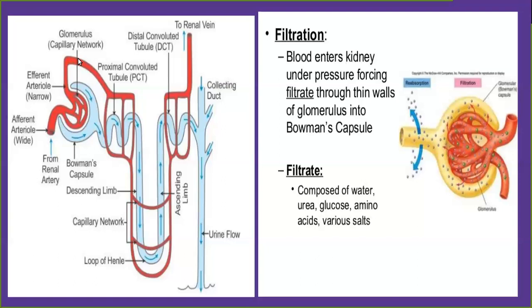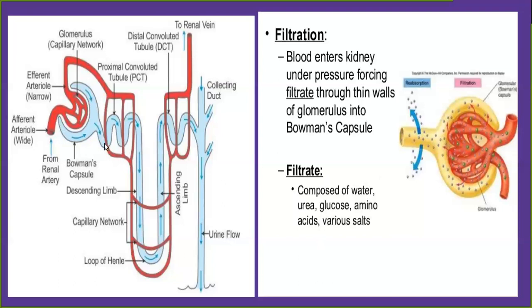Is it clear? The second process is the process of reabsorption. The main function of this tubule, you are very familiar, is that it allows the selective reabsorption of useful substances. Just imagine this filtrate has so many useful substances. Dear children, which are the useful substances in this filtrate? Glucose, amino acids, water, etc. are useful substances.